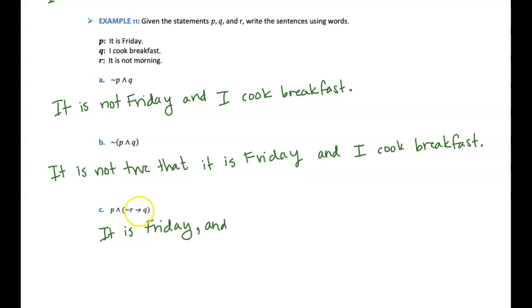To use the conditional, we're going to want the if, then. So if, then. After the if, we have statement negation R, which would mean it is morning. So if it is morning, then statement Q, I cook breakfast.